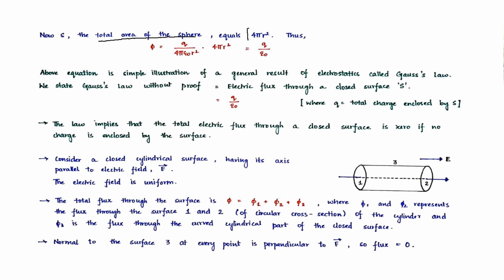From your previous classes, you may be aware that the surface area of a sphere is given by 4 pi R square, and the volume of a sphere is given by 4 by 3 pi R cube.